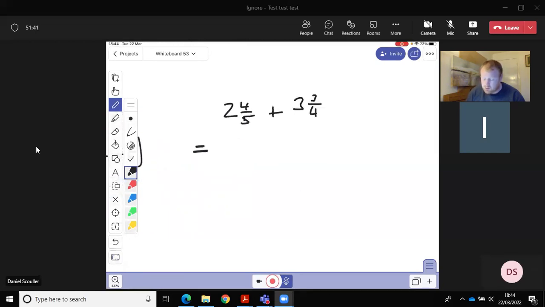So we keep the whole numbers in place, so we don't do anything with these. We make the denominator the same. So we multiply both terms there by the 4, and then we do the same process in this stage to make the denominator the same. We multiply it by 5.